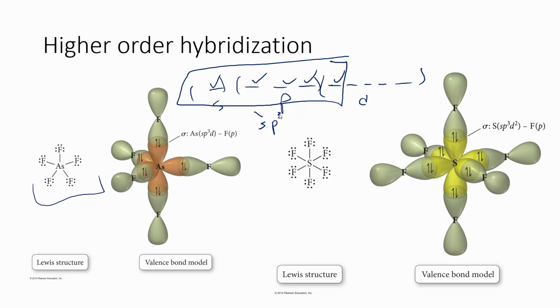That's what the little superscript over the p means. It means 3 of those orbitals involved, and d hybrid orbitals.